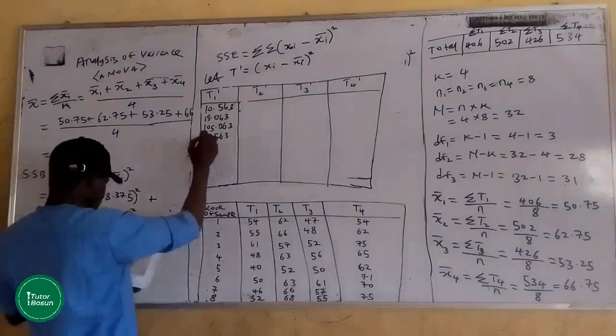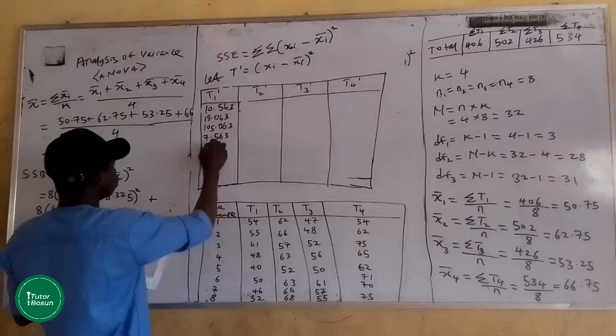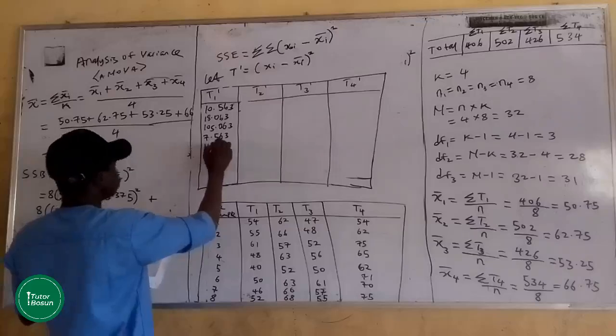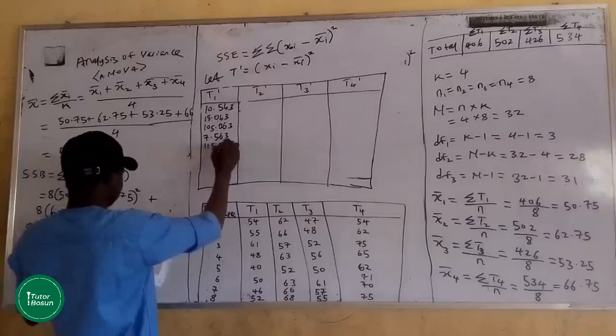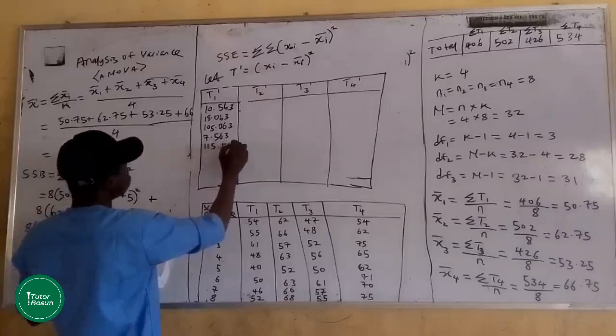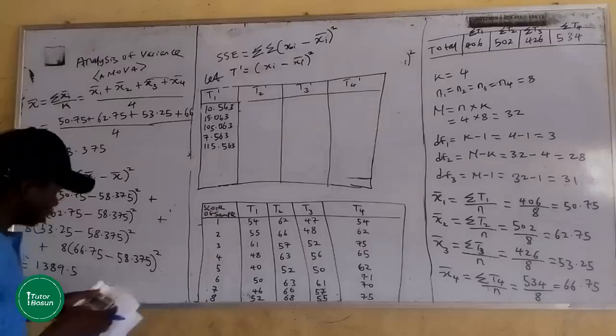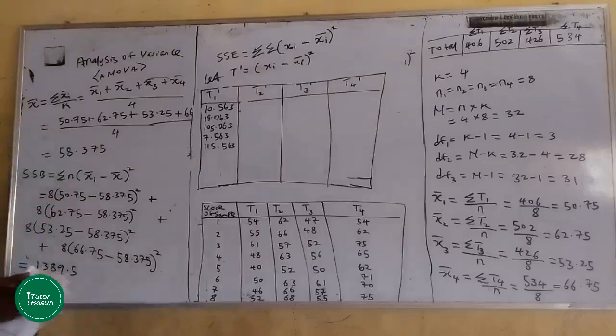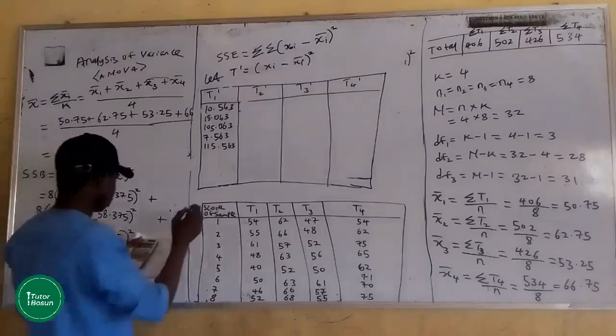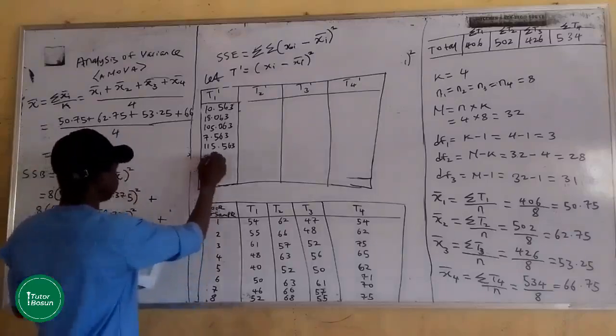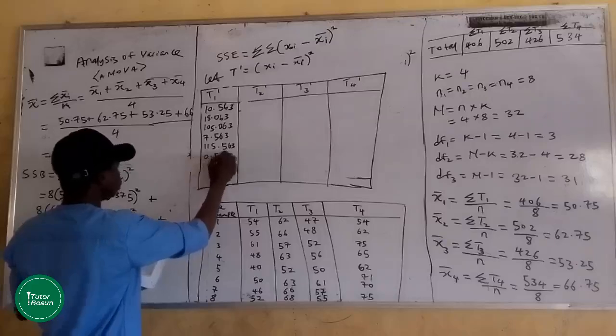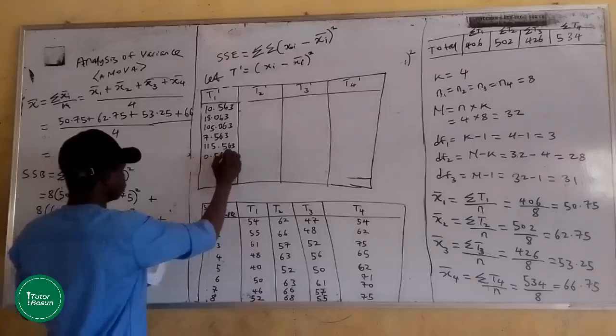That's 115.563. Next I have 50 all squared. That's 0.563.